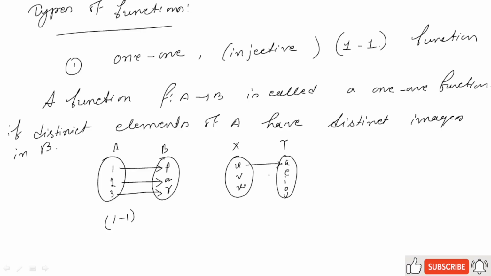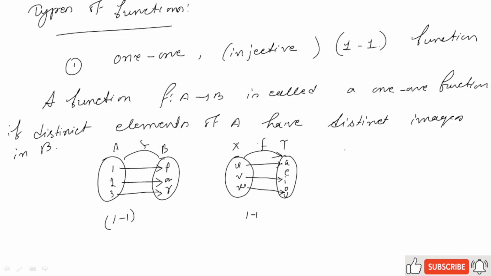Suppose u is related to a, p is related to i, x is related to u, then these are also one-one functions, because each element of X has a unique f image in set Y. Also all the elements of Y have a single pre-image in set X.